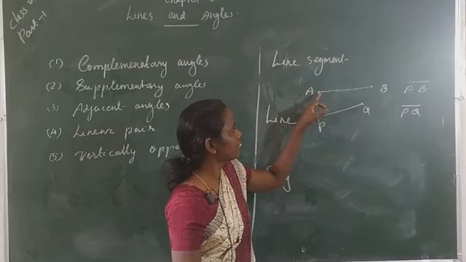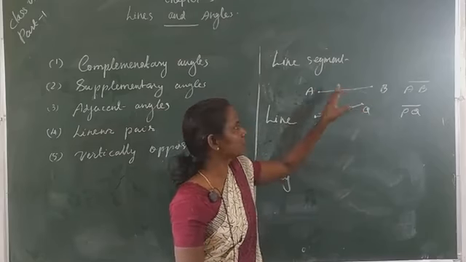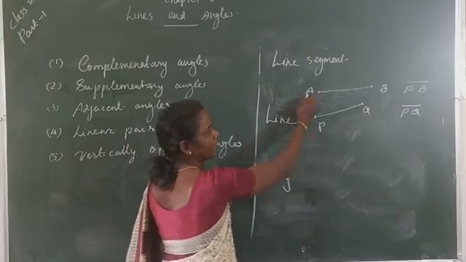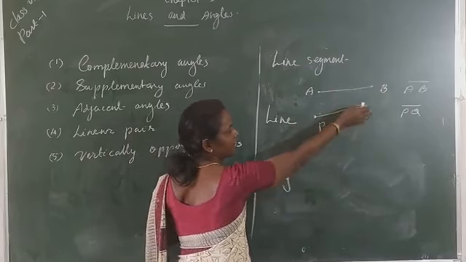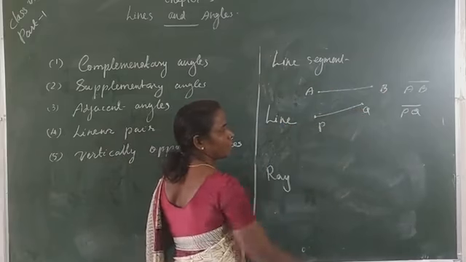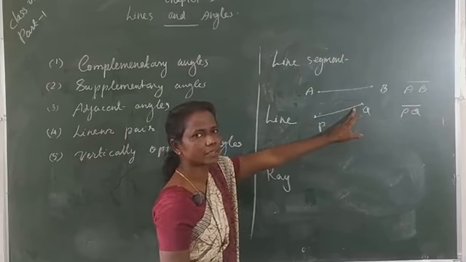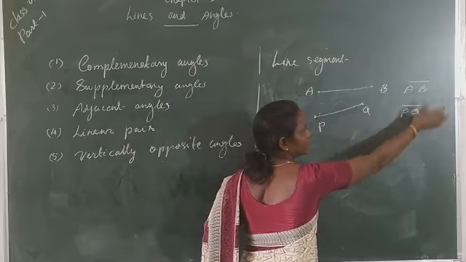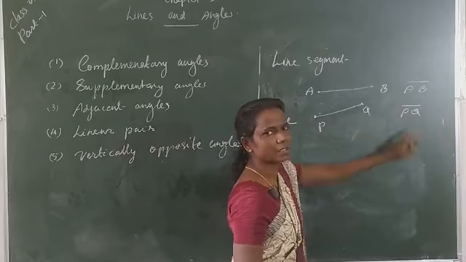Line segment AB has two endpoints, A and B. Here, P and Q are the two endpoints of this line segment. Is it clear?